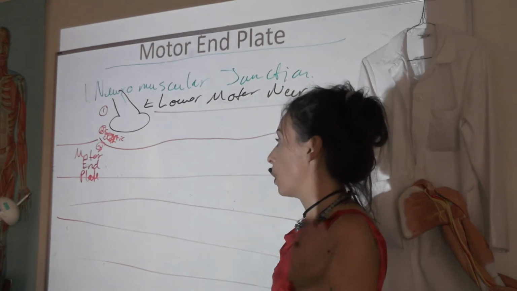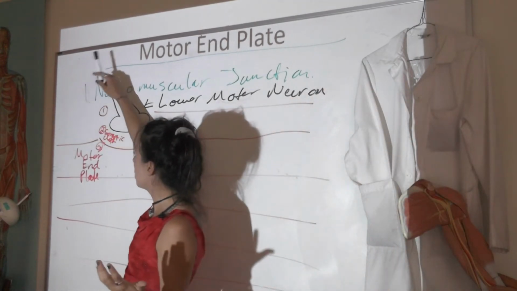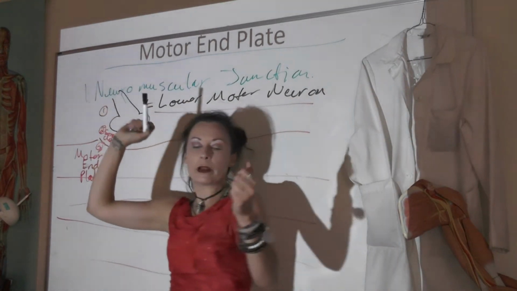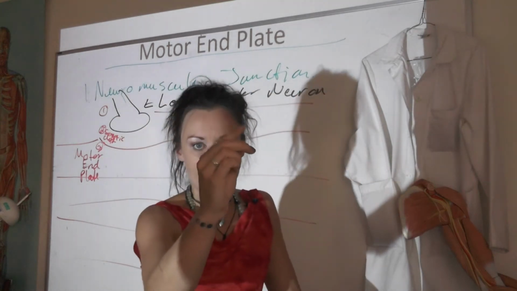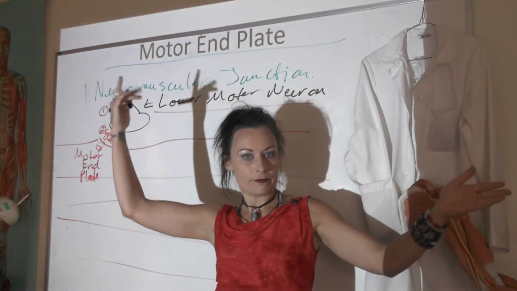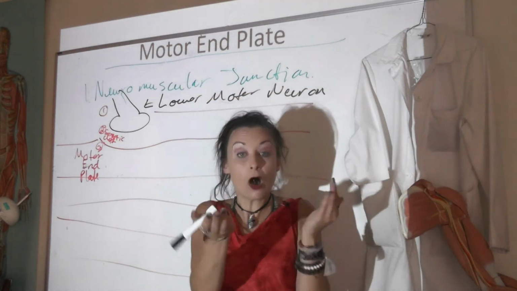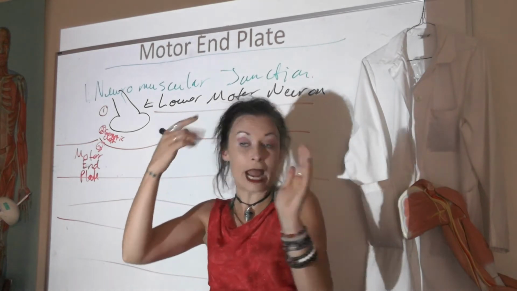Okay? So, what's an action potential? It is here coming down our lower motor neuron. If we are initiating a voluntary muscle contraction, where in the brain is that coming from? Oh, your primary motor cortex in your frontal lobes, right? In the precentral gyrus.